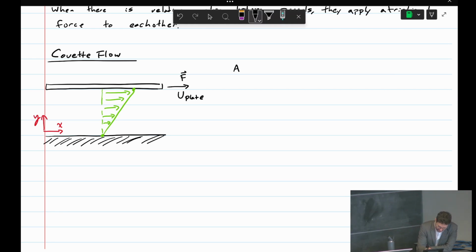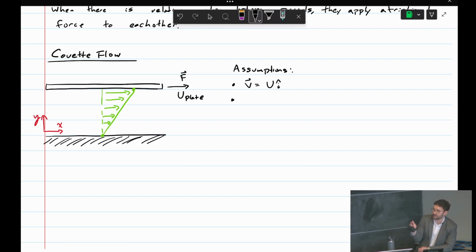So the assumptions behind this, there's a long list of assumptions here. We're going to take our velocity field to be only in the x direction. So the velocity field is some u i hat. There's no flow upwards. And we assume that this is kind of infinitely long, so there's no flow in the z direction, which in this case is in and out of the page.